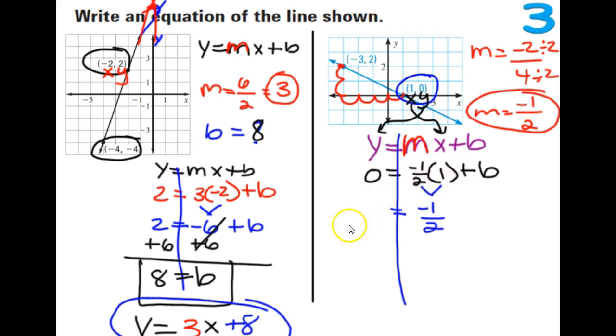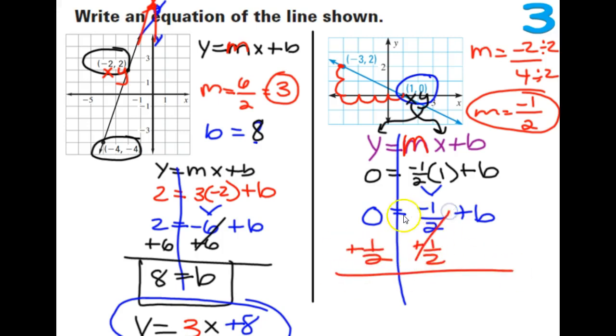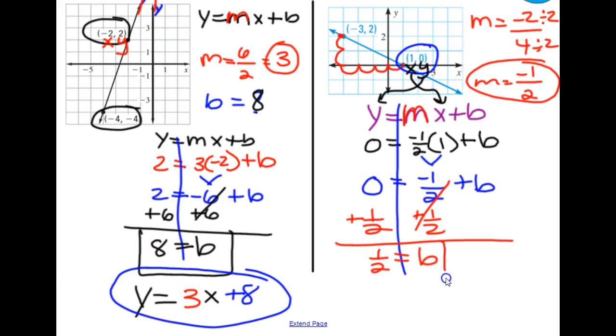Anything times 1 is just that number. And then we want b by itself, so I'm going to have to add 1/2 to the other side. So 0 plus 1/2 is 1/2, or 0.5 if you prefer. So our equation is y equals mx plus b, or negative 1/2 x plus b, which is 1/2.